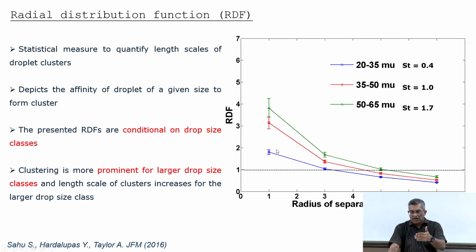So now the point here is that using ILIDS, we can do this conditional on particle size, such that we can know, for particles of a given size, how they cluster, what is the length scale of such clusters, as shown here. For example, here this shows that the length scale of the clusters increases if you consider particles of larger size in this example. Okay.